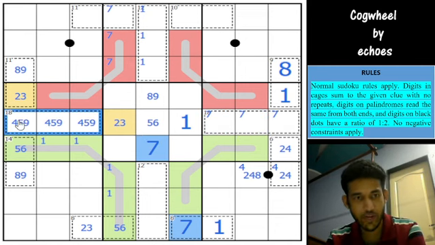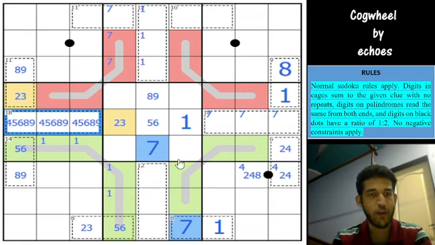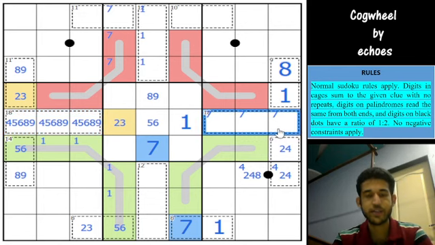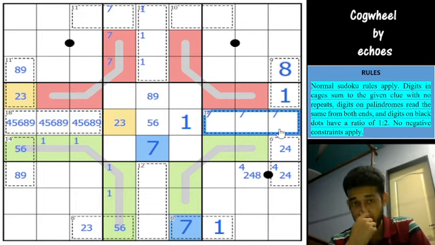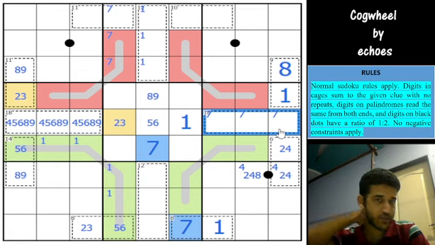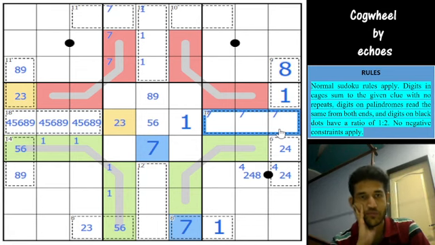So this is 4, 5, 9 or 4, 6, 8. So I can eliminate 5, 6 from these 3 cells. So now it's 2 and 9 or 3 and 8, right? Okay, that still gives us lots of possible options.